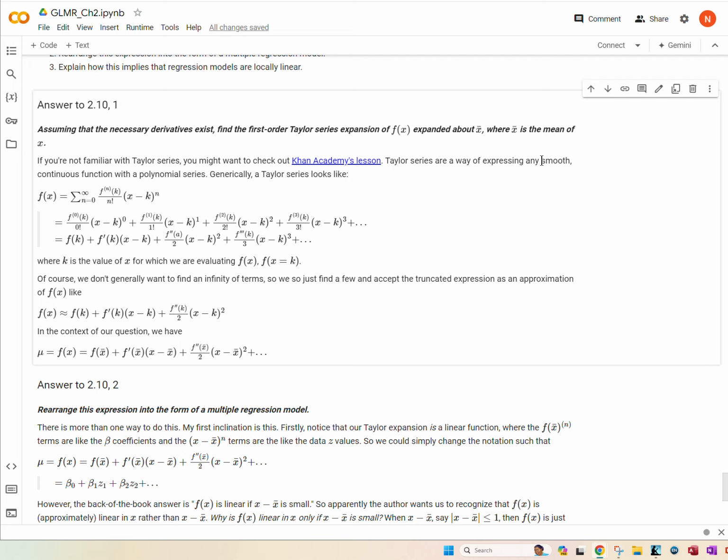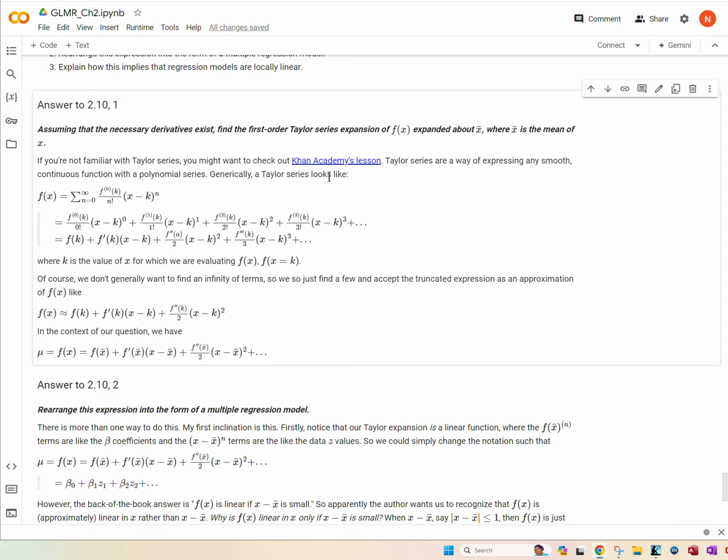What's important here is that we have smooth continuous functions, because only smooth continuous functions have derivatives, and the Taylor expansion is going to use derivatives. Maybe you can see some of them in the notation down here. So when the question says, assume that the necessary derivatives exist, part of that statement is saying, assume that the relationship between y and x is a smooth continuous function.